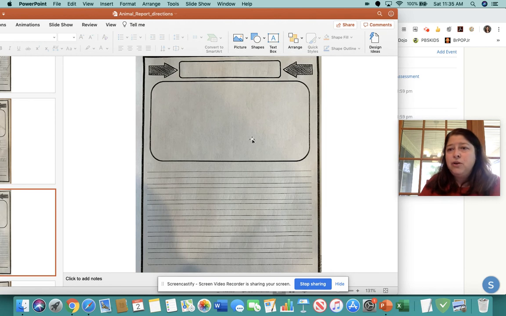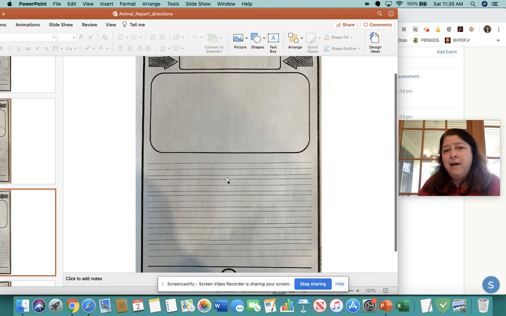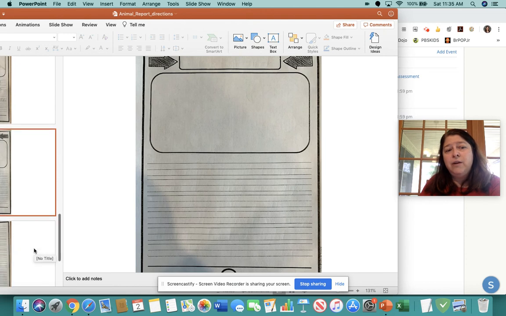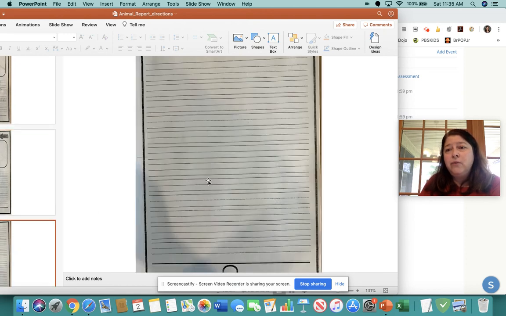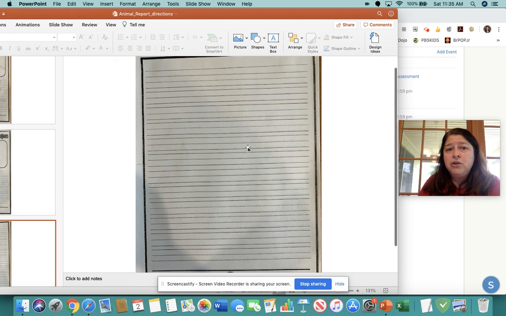You need a picture that goes with each of your pages. So you have about 6 lines to write on here. And you know what? Some of you are going to have more facts than just will fit on those 6 lines. So rather than doing a new picture page, I want you to go to just the writing pages.